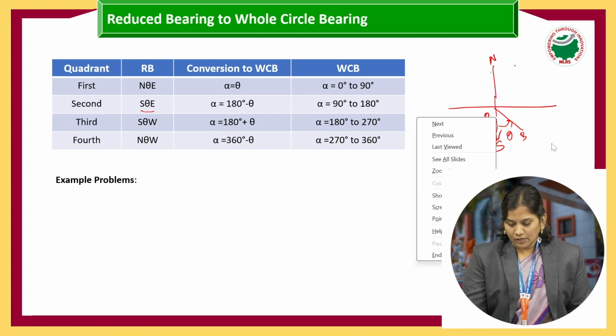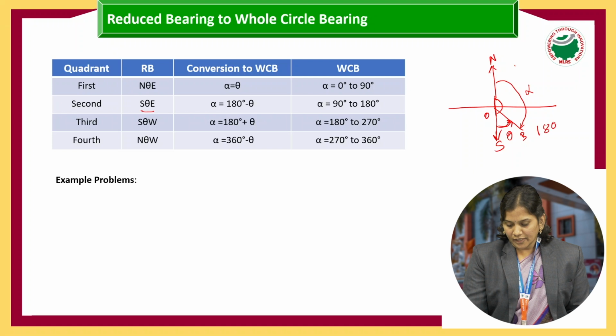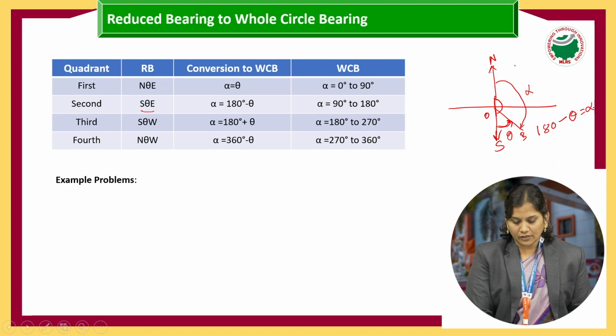Now, for this, if I want to measure whole circle bearing, I will start from north towards our survey line in clockwise direction. So, this is alpha. You can see how you are going to measure theta. We know that this is 180. 180 minus theta will give the alpha value. Okay, same thing I have written here in table, alpha equal to 180 minus theta.